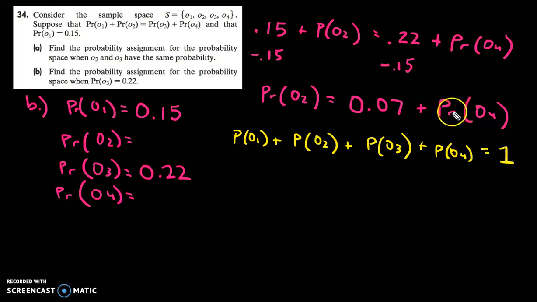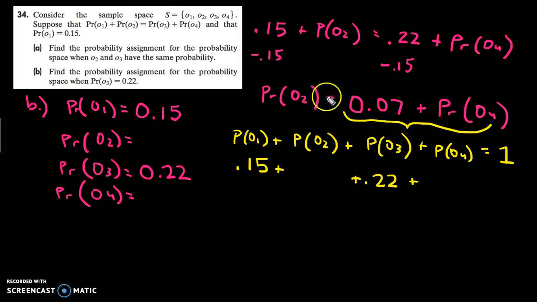Okay, so from here, let's fill in all the stuff we know. We already know this one's 0.15. We already know this one is 0.22. And then I don't know the probability of outcome 2, but see how this whole thing is equal to the probability of outcome 2?